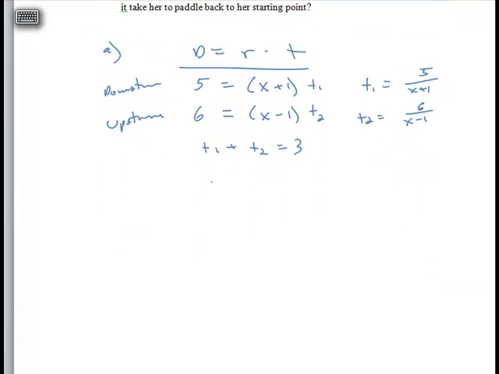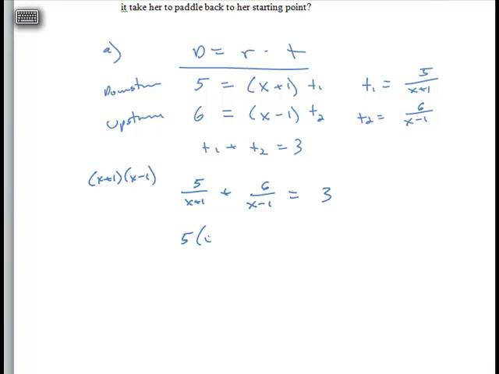So substitute these values in. These two times must add up to 3, so 5 over x plus 1 plus 6 over x minus 1 must be equal to 3. As we can see, we have an equation, more specifically a rational equation. So our LCD is x plus 1 times x minus 1.